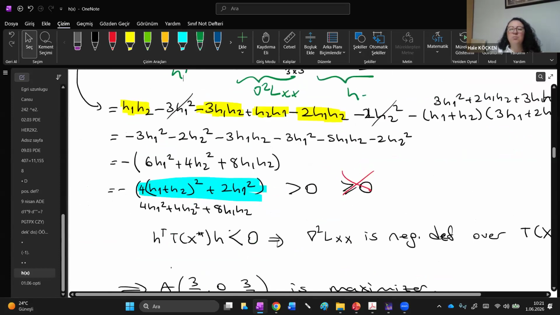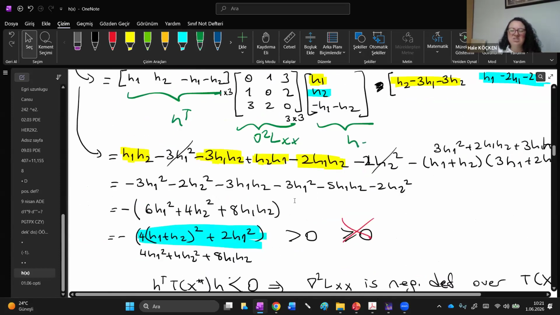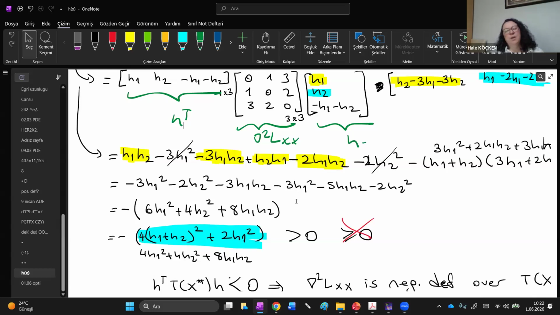And anyway, our idea is to analyze the sign of this multiplication, the sign of the function that depends on h1 and h2. And we need to write the complete square of them. If you write the complete square form, there is a negative here and there is a complete square form. We decided that it is always greater than 0.